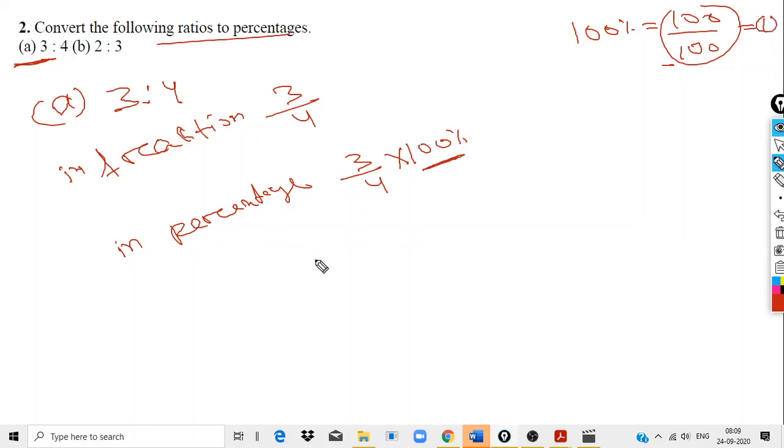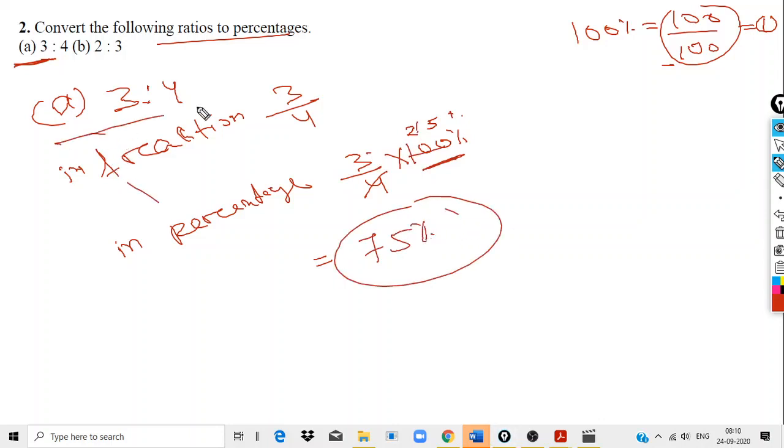Now you can cancel it, 4 2s are 8, 4 5s are 20, so 20%, which will be 25 into 3, equal to 75%. So this is your answer for A.